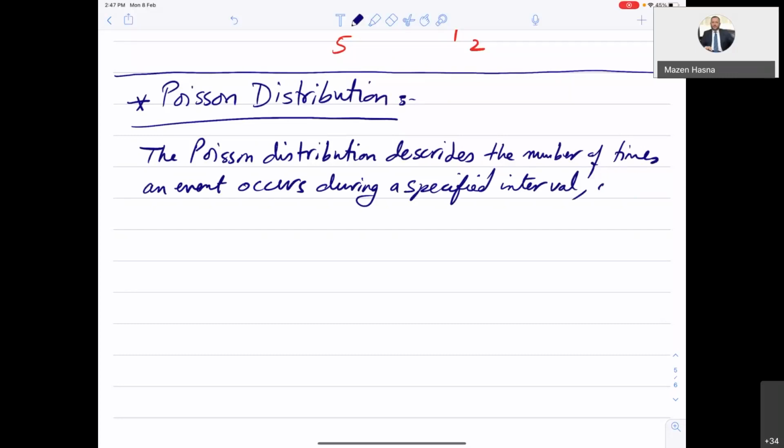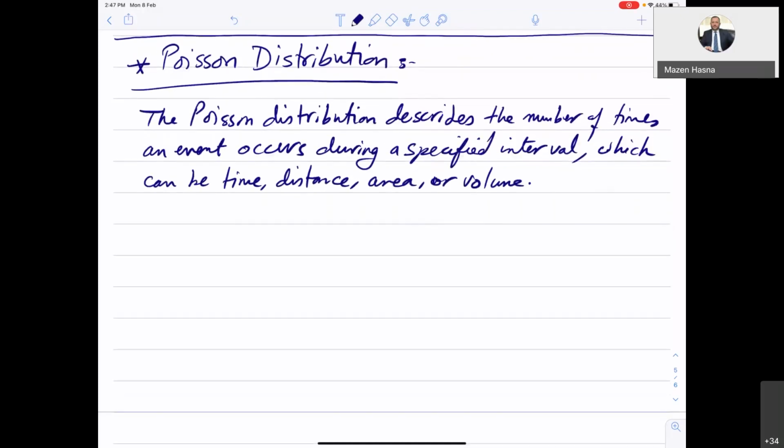And this interval can be time, distance, area, or even volume. The occurrence of events, we have some assumptions for the Poisson.